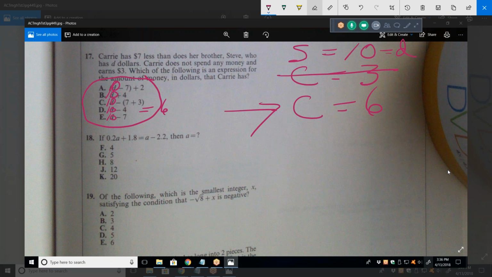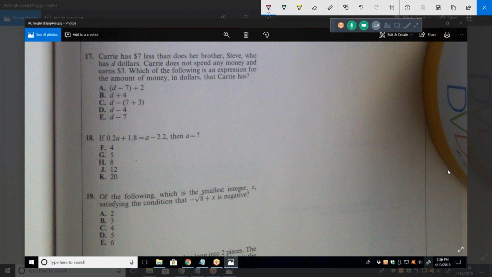But in other words, the reason picking numbers works so well is that your brain knows how to solve that problem really easily. It doesn't know how to set it up as an equation really easily. That's not the same thing. But if I give you an amount for Steve, your brain knows how to figure out what Carrie has.